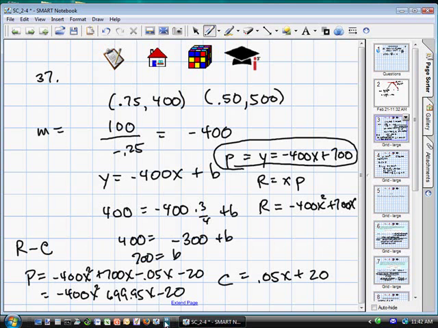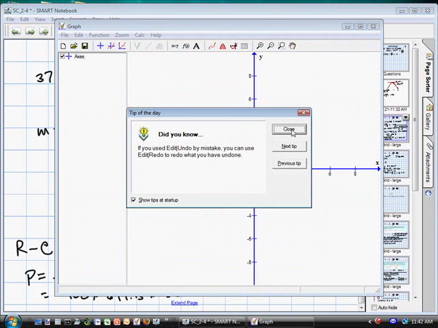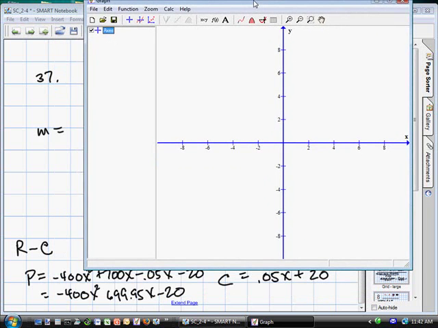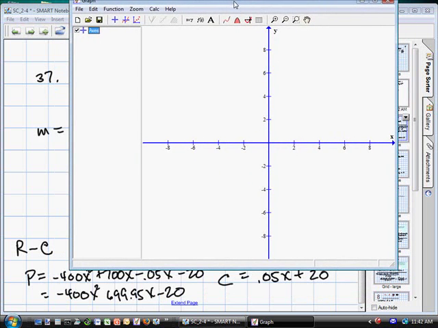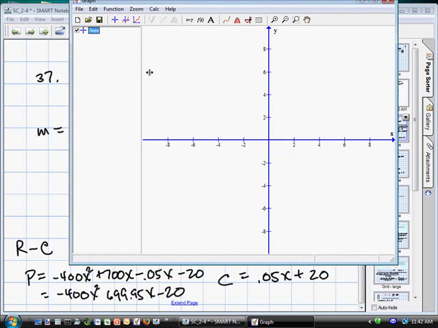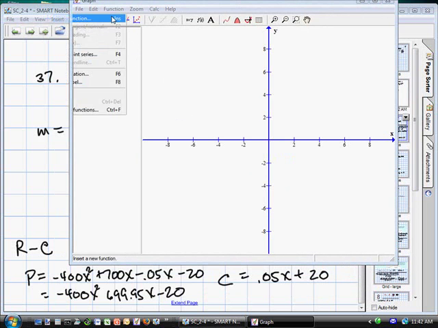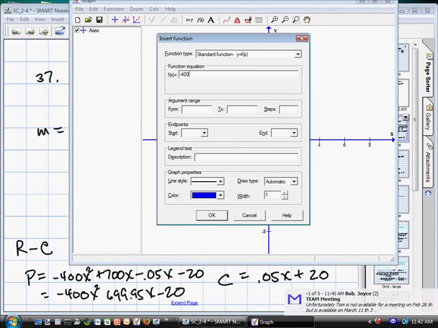Slow day. Let's quick plot it. Okay. So I'll get this up high enough so I can see my function. So we got to do negative 400 times x squared plus, what is that? 699.05x.